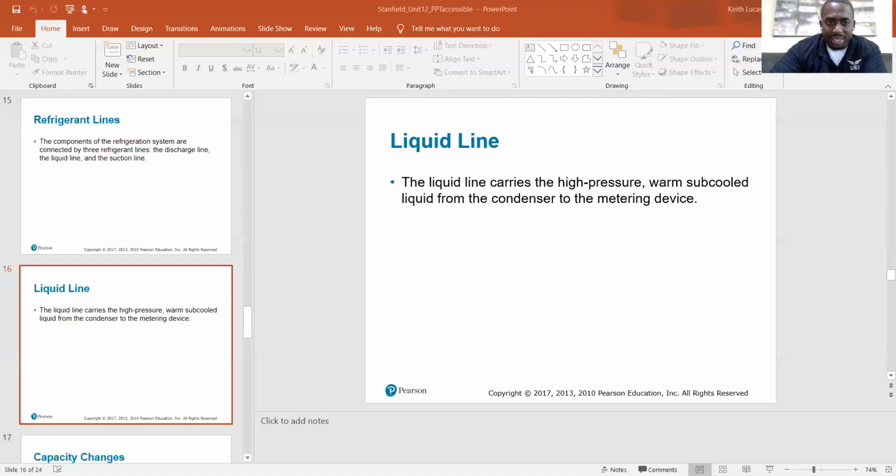So I'm guilty of the thing that I'm talking about. As you see, we have liquid line labeled here, discharge line labeled here, suction line labeled here. We do not have transphase line labeled here. Not that that's all that critical, but I just don't want y'all to be left out of any of this knowledge. So that's the transphase line. That's an extra little jewel you can drop on somebody and sound smart.